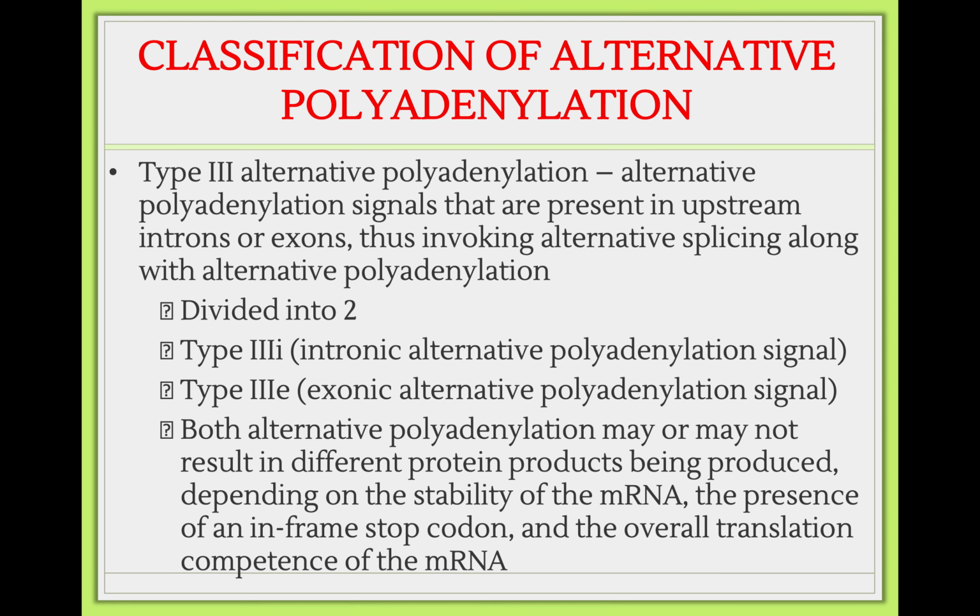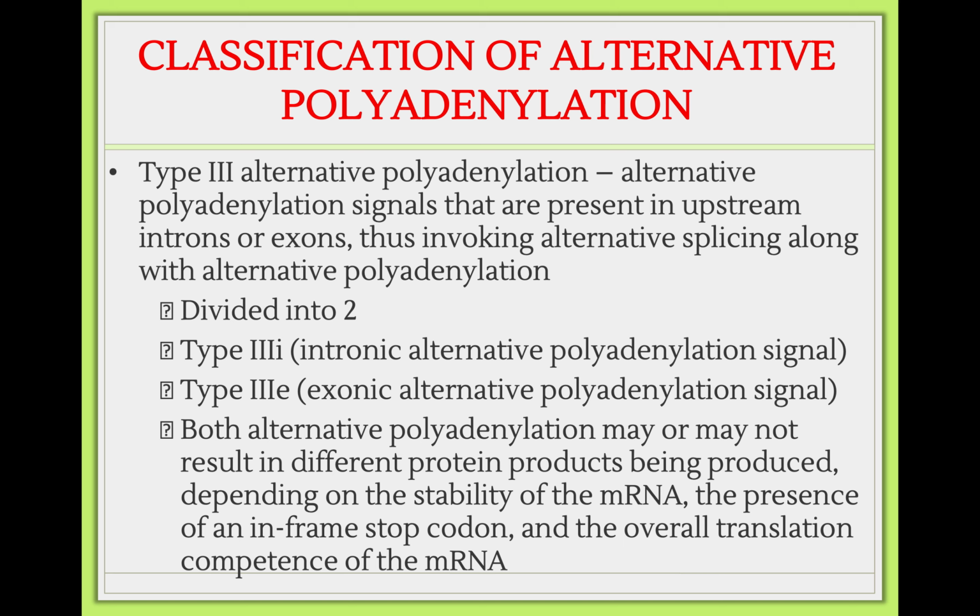Type 3. Type 3 is divided into 2, so altogether you actually have 4, including type 1, type 2, and type 3. Type 3 has alternative polyadenylation signals that are present at upstream introns or exons. This would invoke alternative splicing along with alternative polyadenylation.